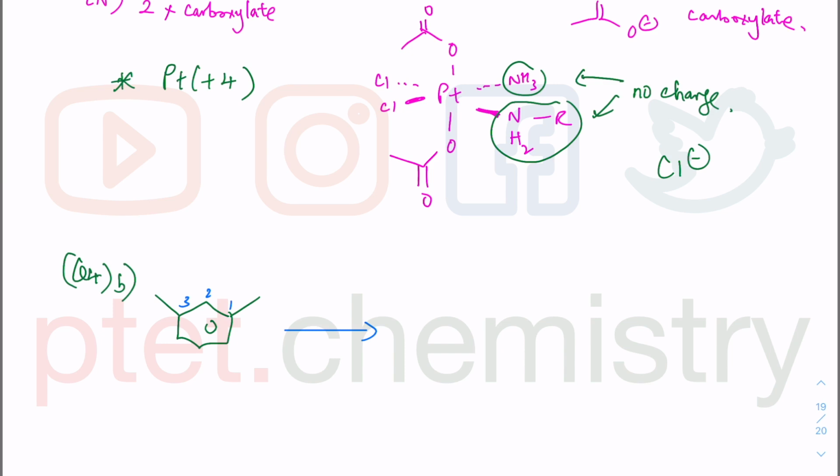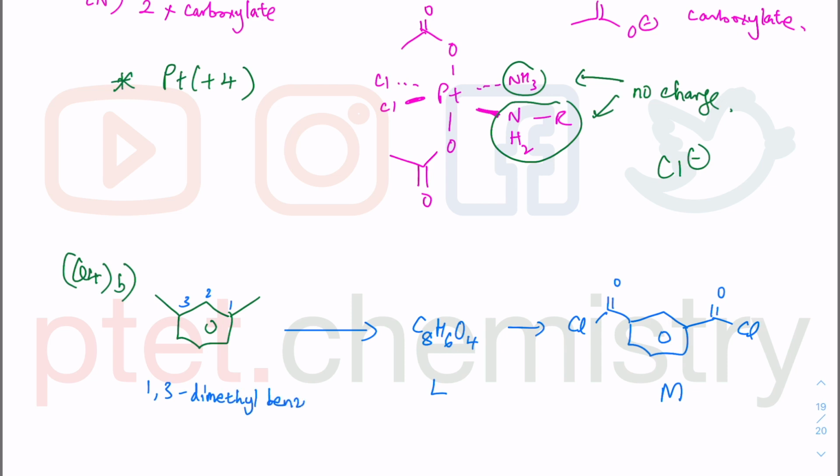In that step 1, you get C8H6O4, and then you could turn that into acyl chloride like this. This is 1,3-dimethyl benzene. So just a bit of naming there.